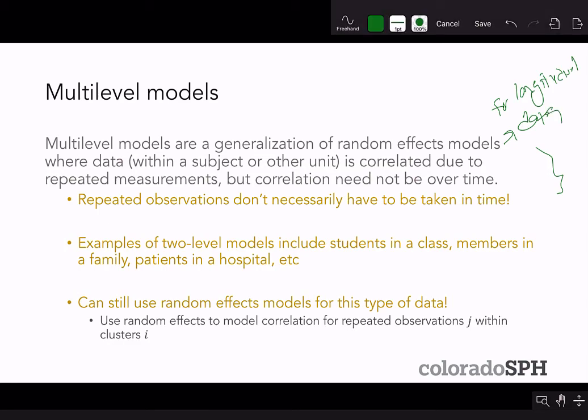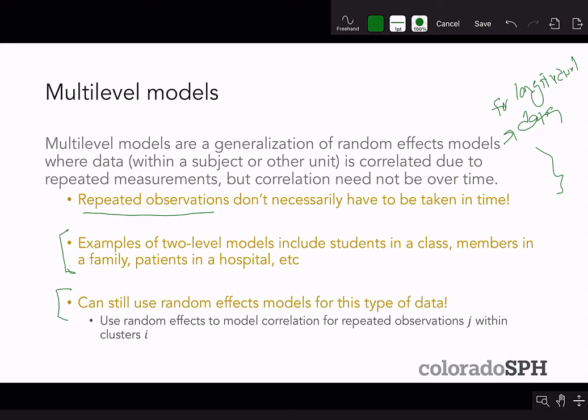So for multi-level models, the repeated observations don't necessarily have to be taken in time. However, we can still use random effects models to model the correlation within repeated measurements on the same subject. Some examples of what that data might look like are students within a class.